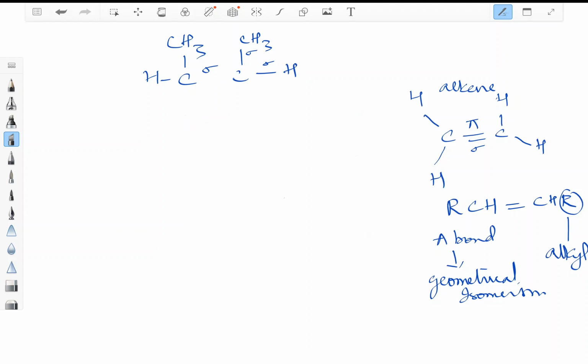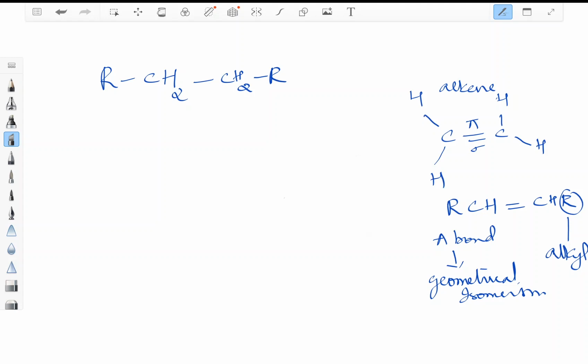When there are sigma bonds, the rotations are such that it will stay in the same position. For example, you have this compound, RCH2CH2R.